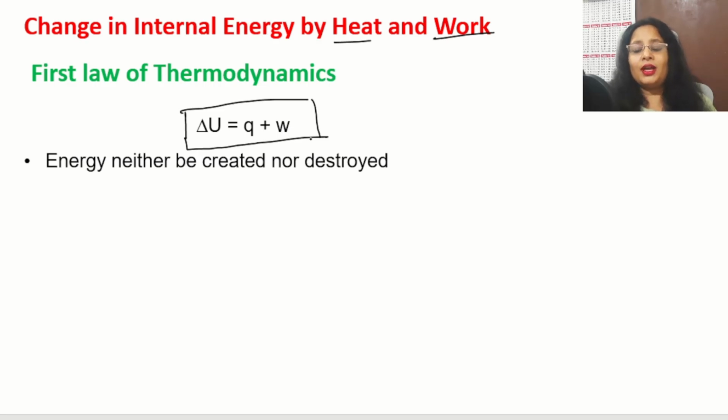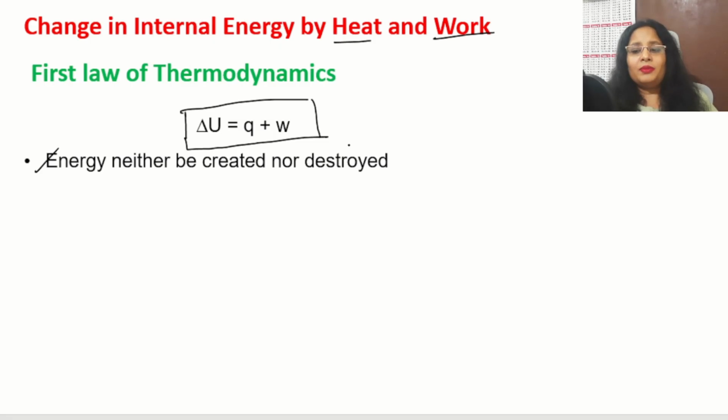This is called the internal energy total. Now this also mentions that energy can neither be created nor destroyed. Whatever work we are doing, whatever heat it is taking or giving out, the sum of all that is equal to the internal energy.